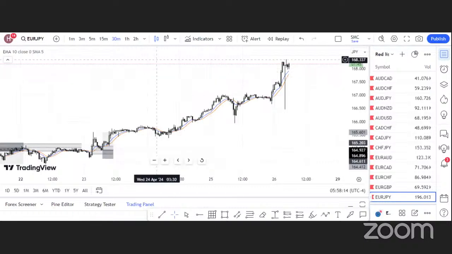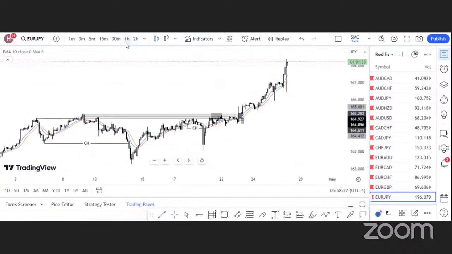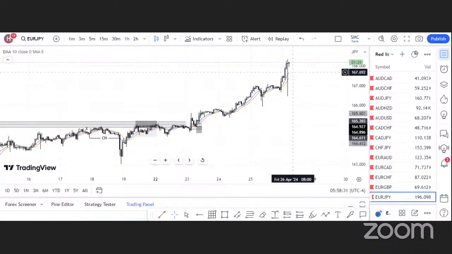Okay, so on Euro JPY, wow, I think a news event just happened on Euro JPY, and it made this long wick without body. Okay, very long wick with a very small bullish candle, very tiny bullish body.